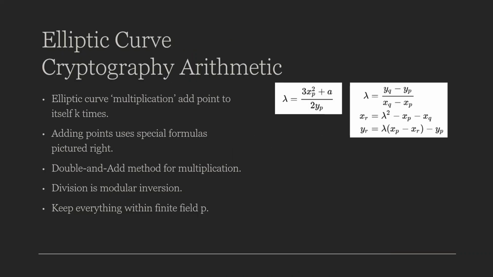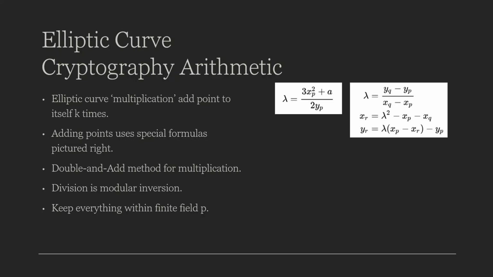I talked about this earlier, but the elliptic curve cryptography arithmetic is pretty strange. It was a little bit difficult to get used to because of the way it works. As you can see on the left hand equation, these are from the Wikipedia page on elliptic curve arithmetic.